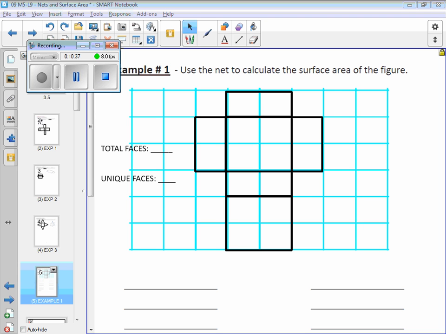What's the 3D shape if you put it together? Correct. How many? It can't be a cube. Well, if you have any faces that are not the same, then it's not going to be a cube. It's going to be a rectangular prism. How many total faces?